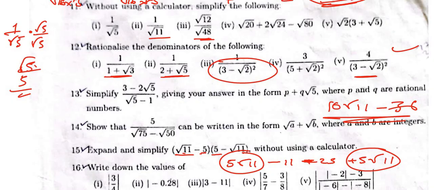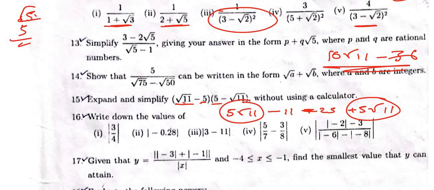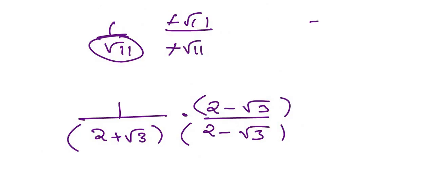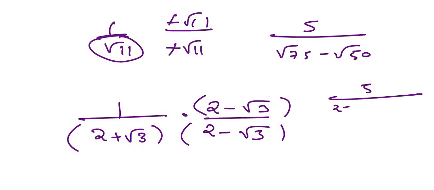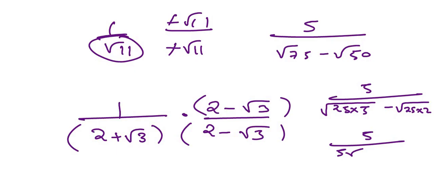Even up to number 15, the concept is the same. Even these are just two numbers, just rationalize, but you can reduce them first. Like there is a 5 root 75 minus root 50. We can just reduce them. So this is the same as 25 by 3, right? Then this one here is the same as 25 by 2, that's 50. So this is 5 root 3 minus 5 root 2. You're seeing there's a 5, there's a 5, there's a 5. They can cancel.